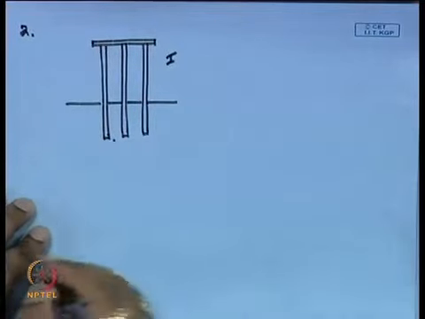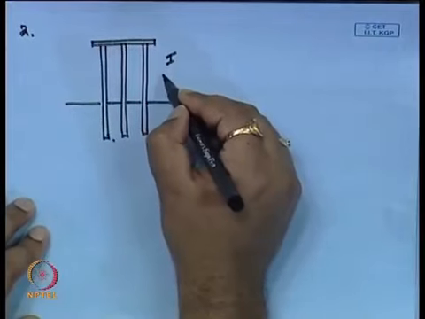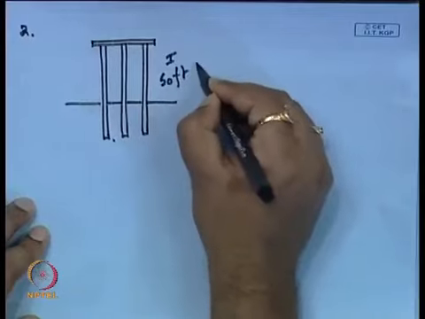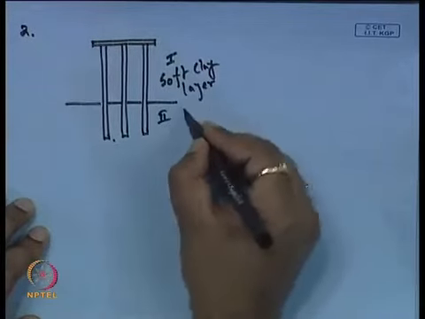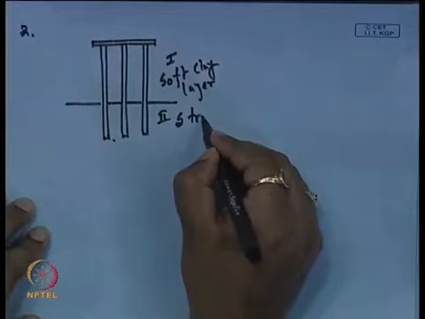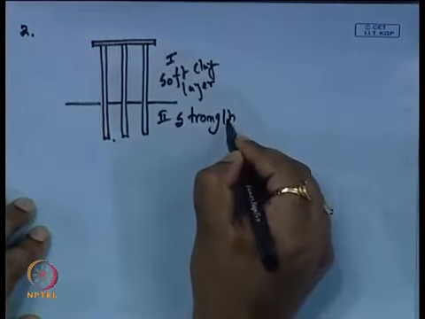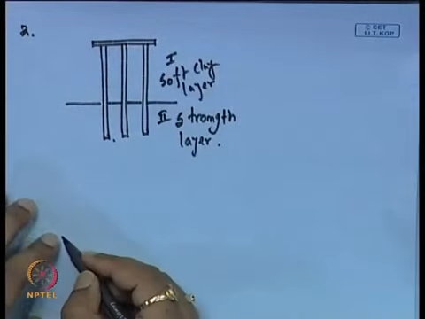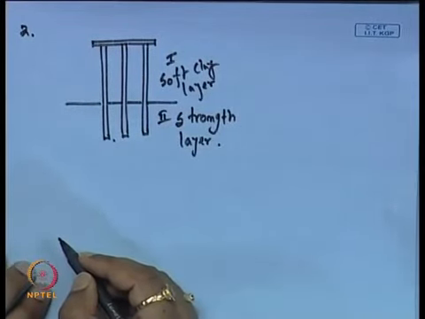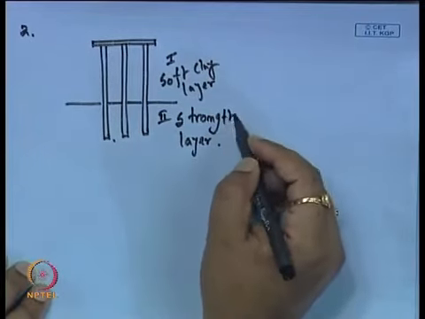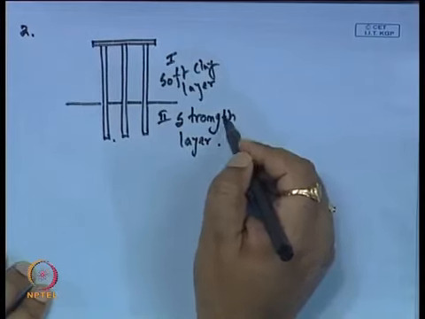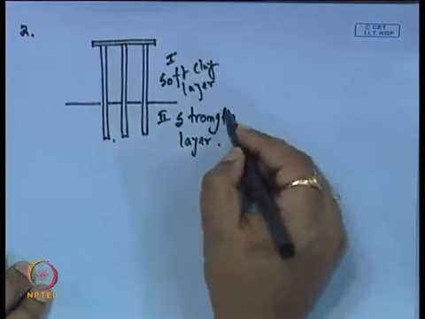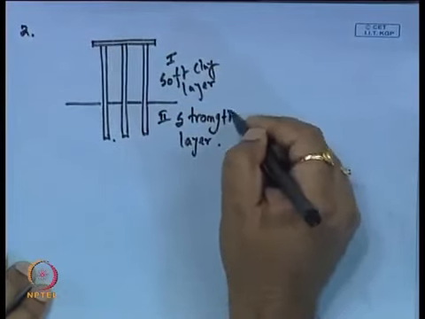This is one layer, the clay layer or soft clay layer, and this is the second layer, the strong layer.